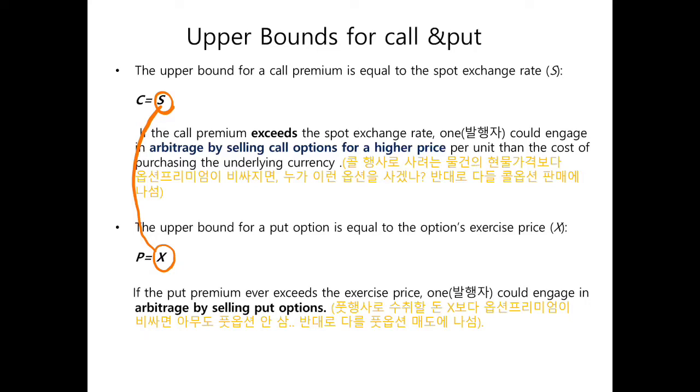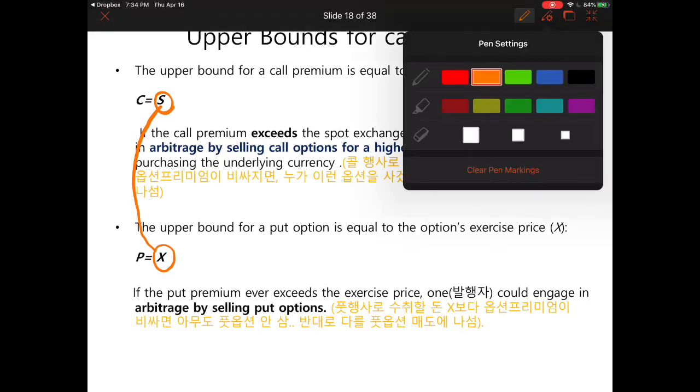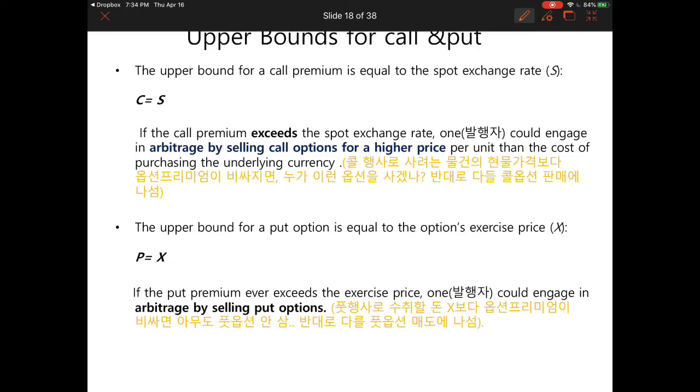Let me read the sentence I wrote here to explain why the upper bound for the call option is the spot price. Let's suppose the call option premium exceeds the spot exchange rate. If that happens, the issuer, the seller of the call option, could engage in arbitrage by selling the call option, because the call premium is higher than the spot price.